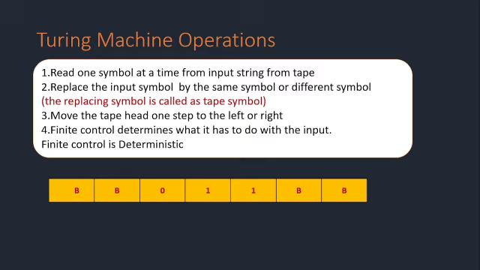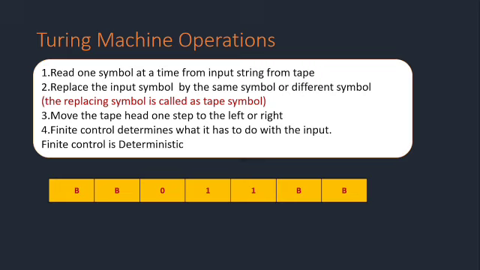It will actually determine what you have to do with the output, whether our input has to be processed or input has to be replaced, or whether the string is getting accepted or not. All this is determined by this finite control. In other sense, finite control is also called as deterministic. Obviously, we'll have only one movement for a specific input, that is called as deterministic.